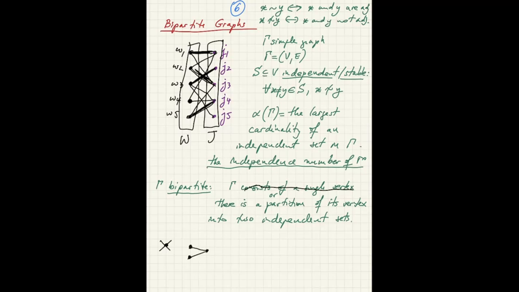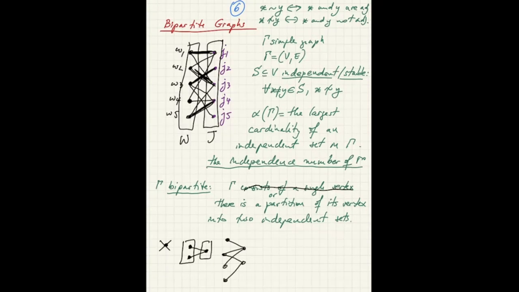So this graph is bipartite. You could have this situation. This graph is bipartite. You see the partitions. This is the partition, and each of those 2 parts have no edges in them.